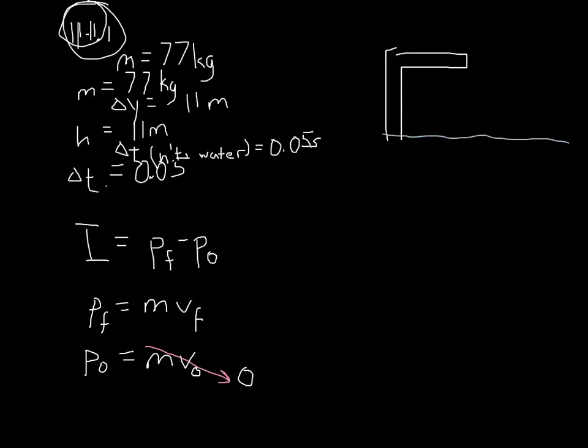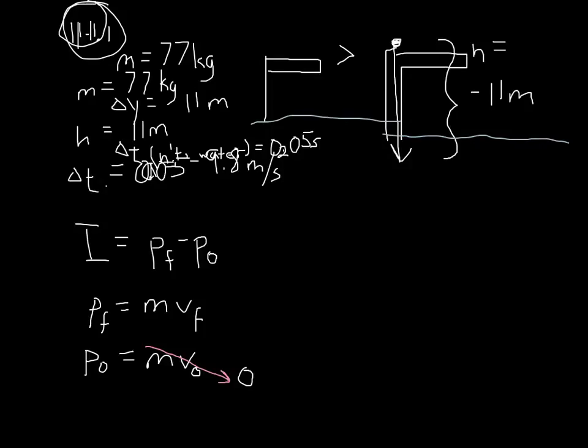To figure out this final velocity, we need to look at the problem. I have this diving board over this pool of water. I have this stuntman who's going to do a belly flop into this pool. So he's just basically an object in free fall.